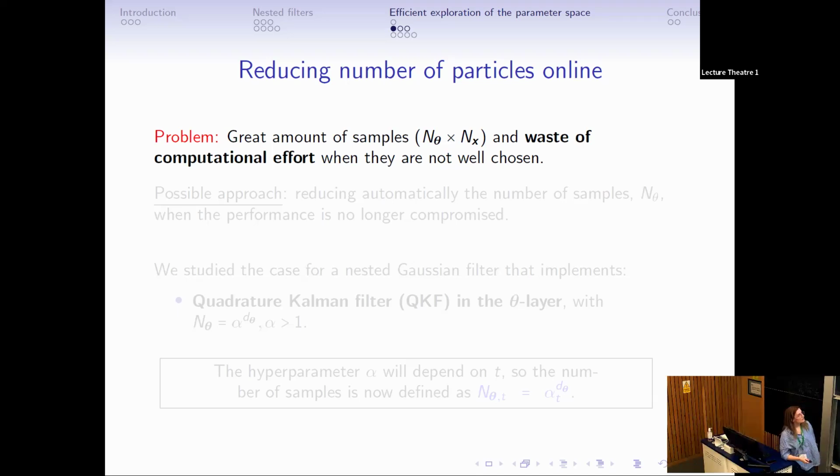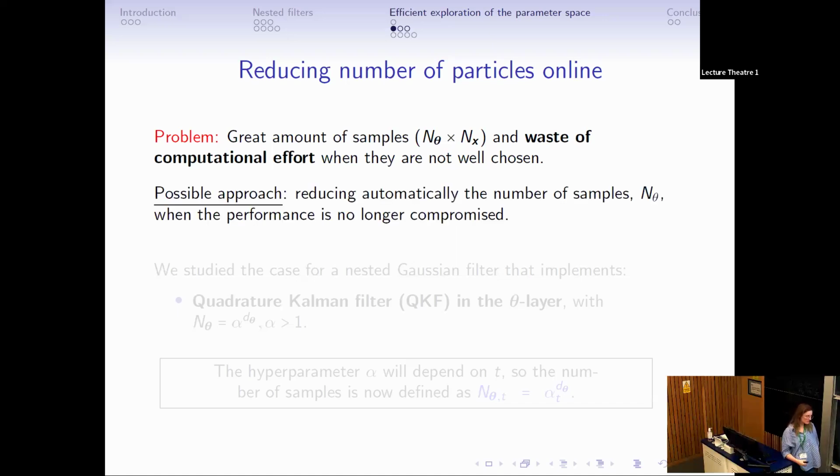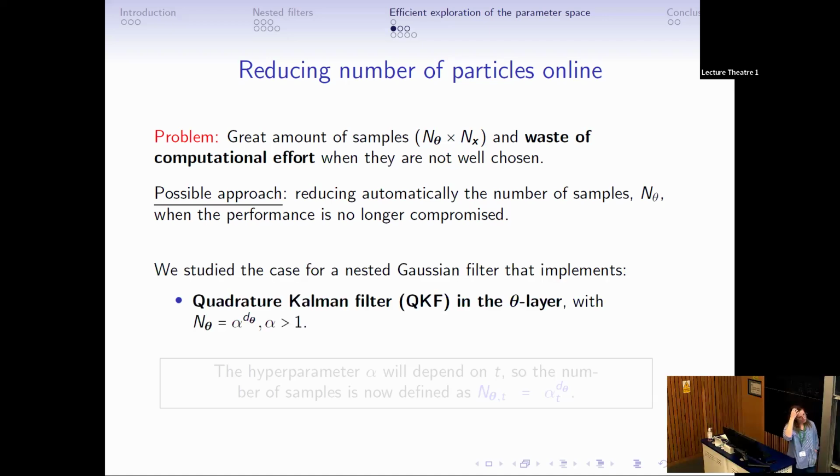So the idea is, when this filter is close to convergence, usually the posterior distributions get narrower and narrower, closer to a delta. So maybe we don't need that many particles or samples to describe this distribution. We can do well with way fewer. And with this idea in mind, we wanted to study this in the nested Gaussian filters.